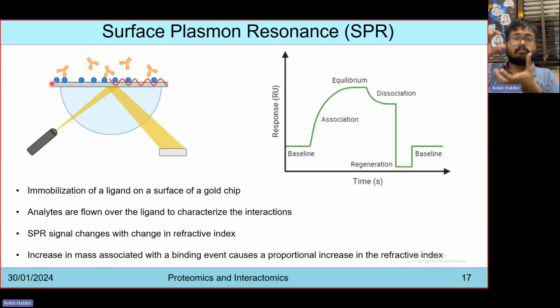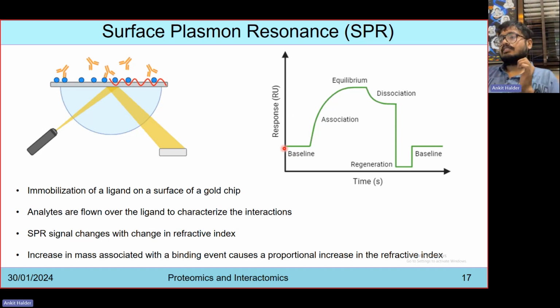As the mass increases with the binding event, it will cause a proportional increase in the refractive index.